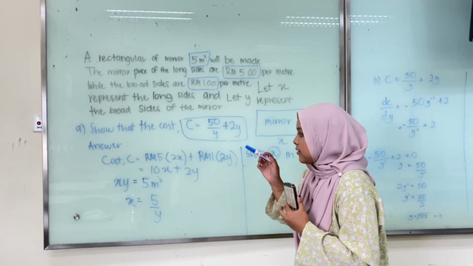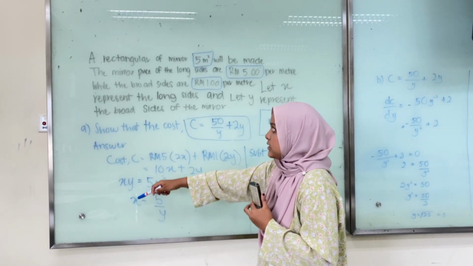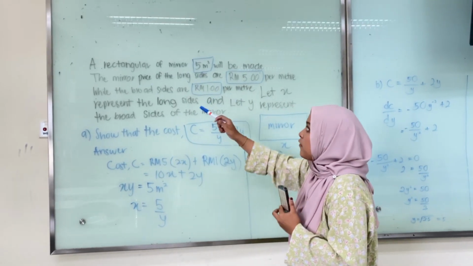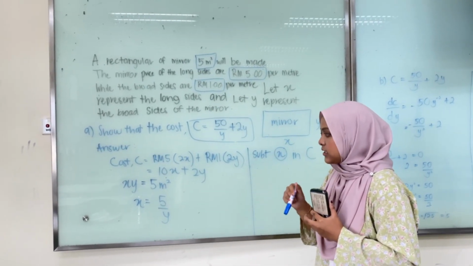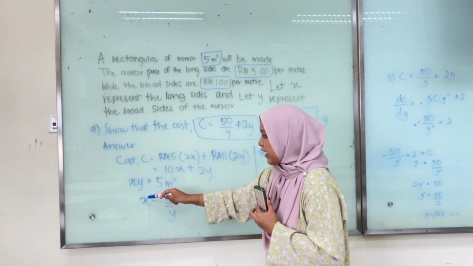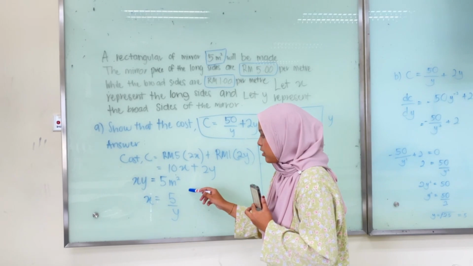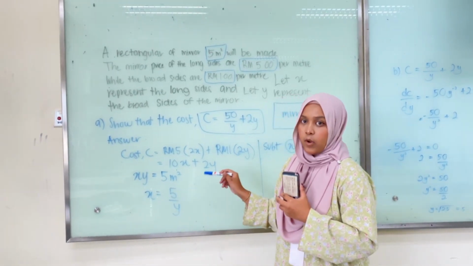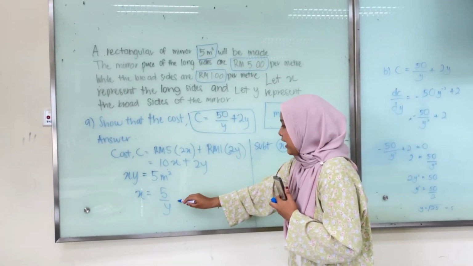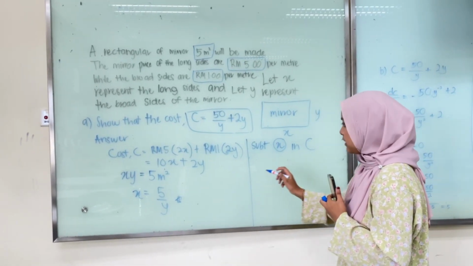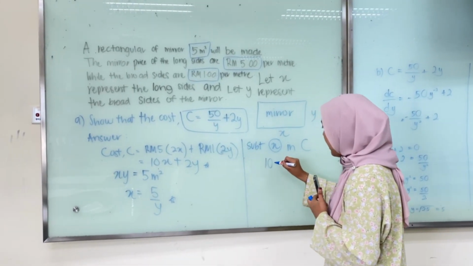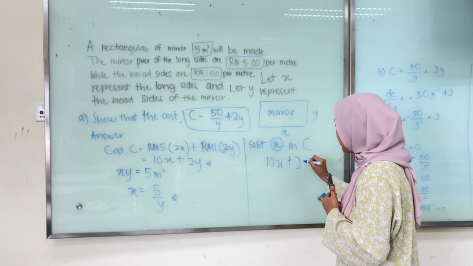And after that, we know XY is equal to the area of the rectangular mirror, and the area of the mirror is given by 5 meters square. Then we just move Y to the other side and we get X equals 5 over Y. Then we substitute X into C. So C is 10X plus 2Y.